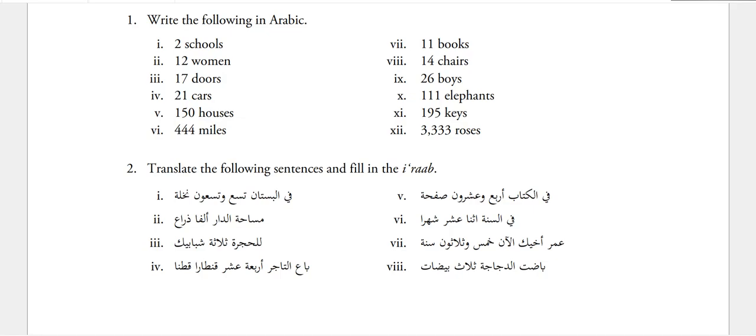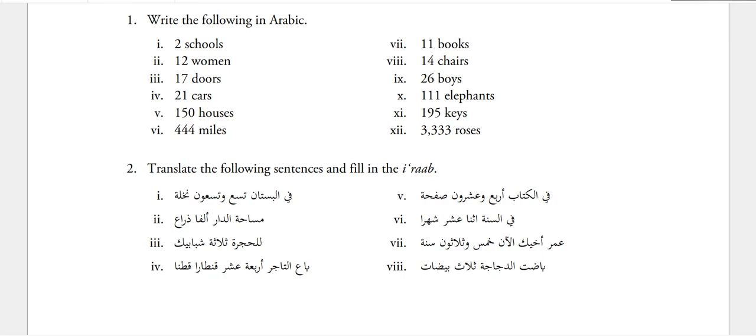Fil bustani, in the garden, tis'un 9 wa tis'una 90. So 9 plus 90 is 99. Nakhlatan, palm trees. Masahatud dari, the distance of house, alfa zira'in. Alfa is muzaf and it was actually alfani, tasniya.